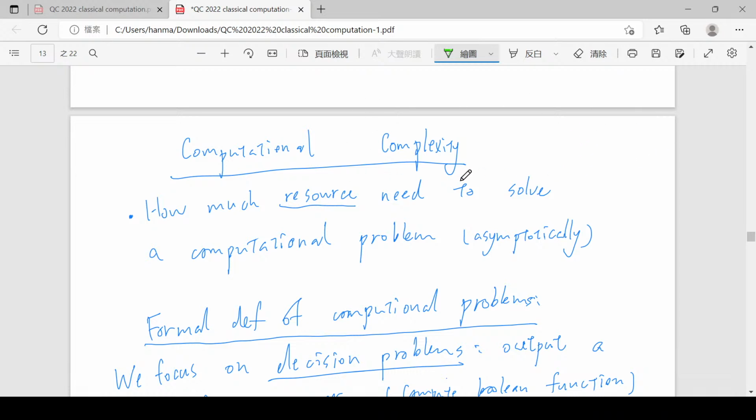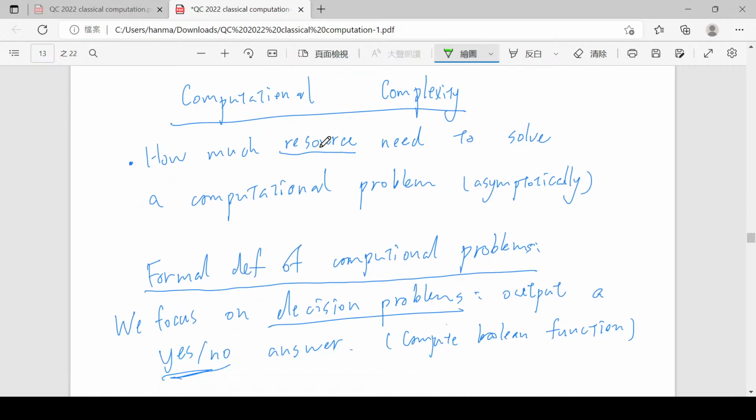I believe it is not only fundamental but also very close to the practical part of computer science. And it studies how much resource is needed to solve a computational problem.